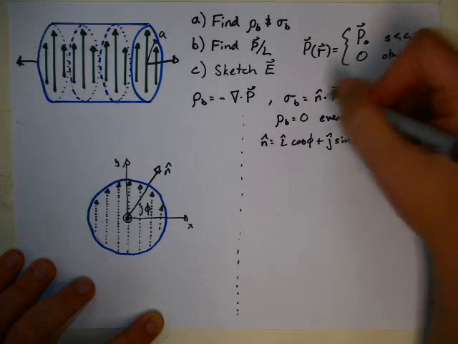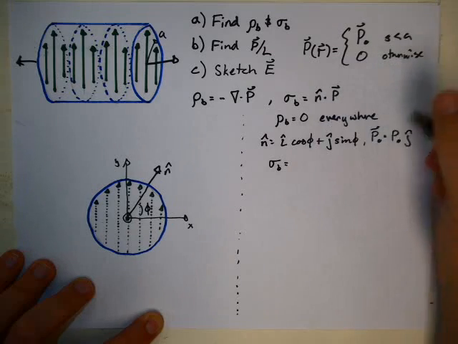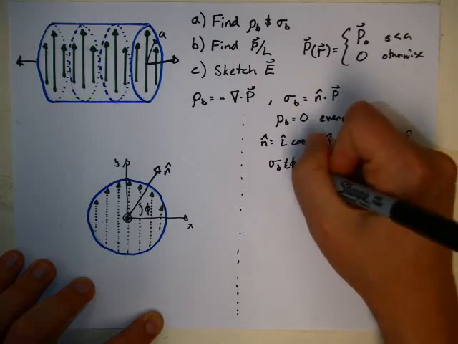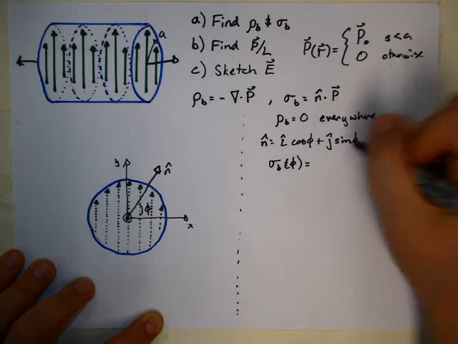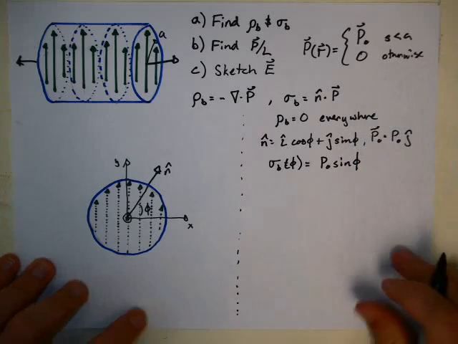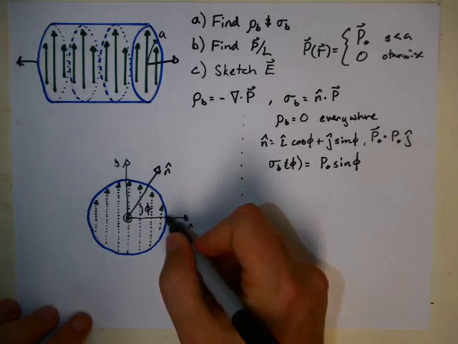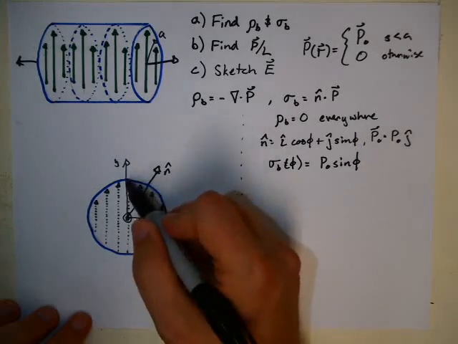Taking these two together, this n hat dot p, this sigma sub b, is now a function of phi, and it is simply p naught times sine phi, which is kind of interesting. And so it's 0 at phi equals 0, so it's 0 here. It is a positive number up here.